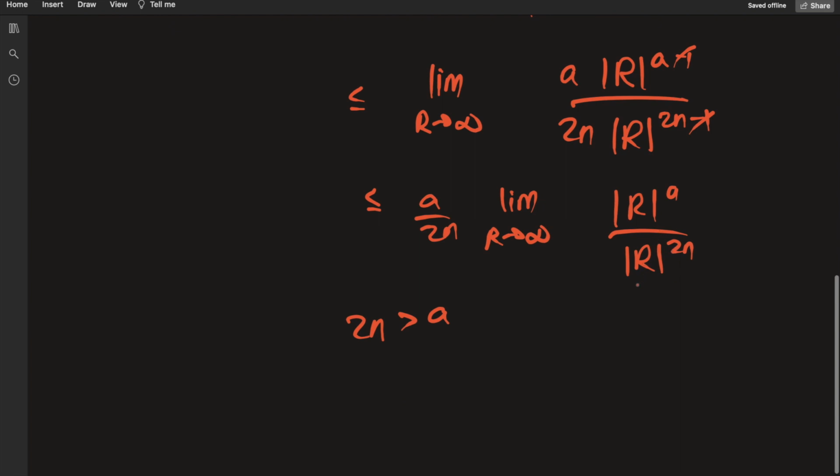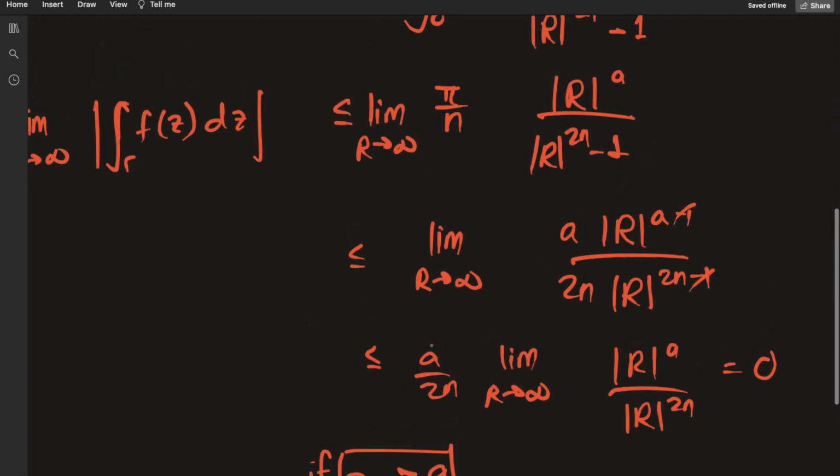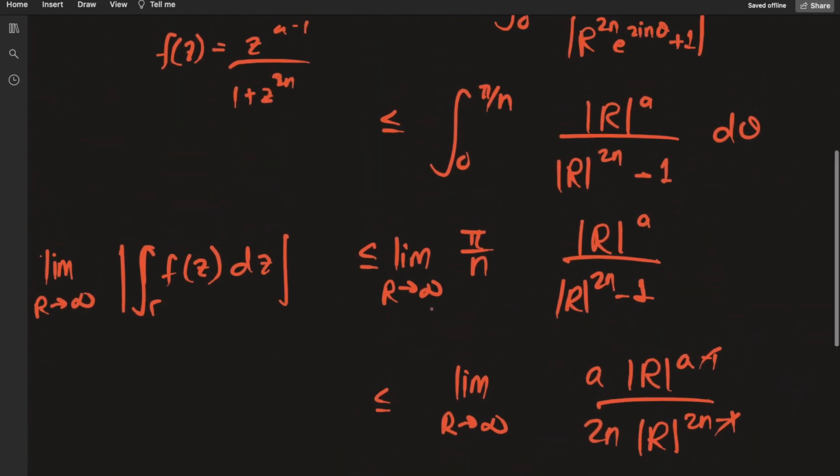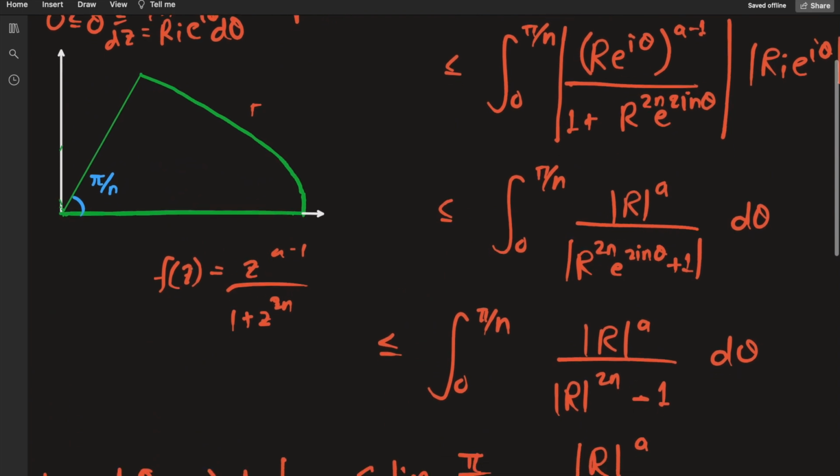That's when the denominator becomes really large, and this entire integral goes to 0. Only if this condition is satisfied will this thing go to 0. So this is a pretty necessary condition. Instead of just saying that this function should converge or should not blow up, that's why the denominator power has to be greater than the numerator power.